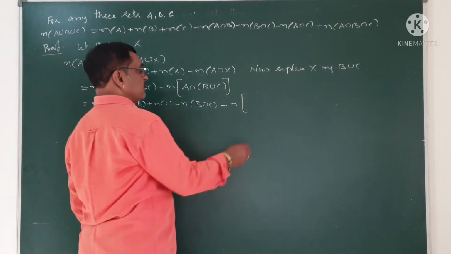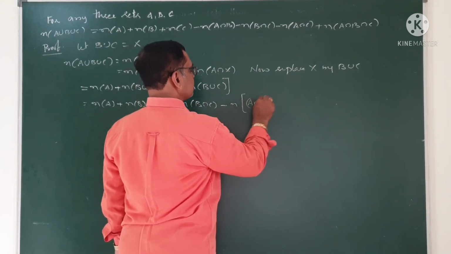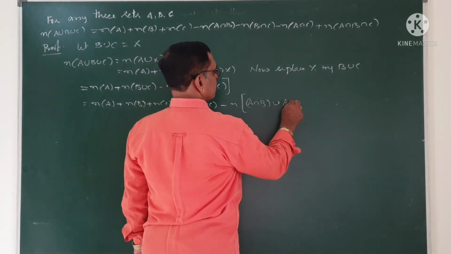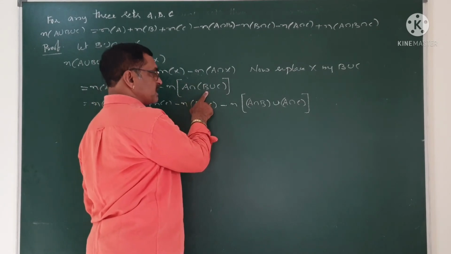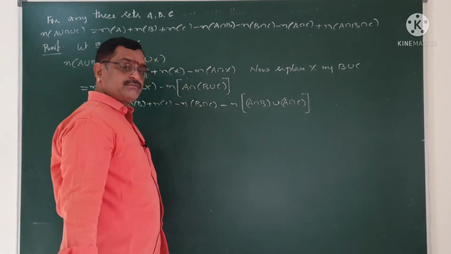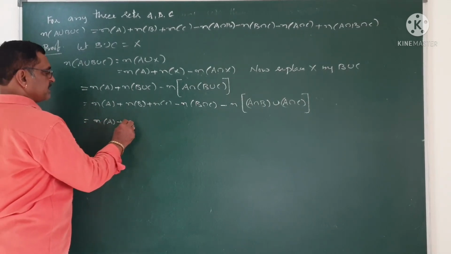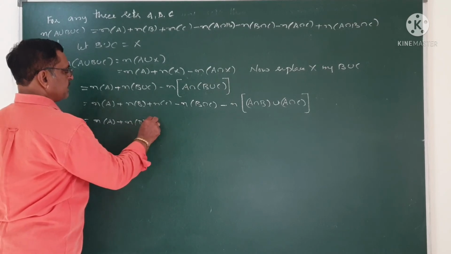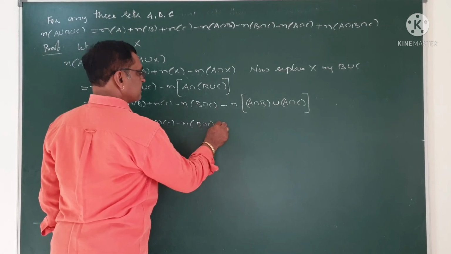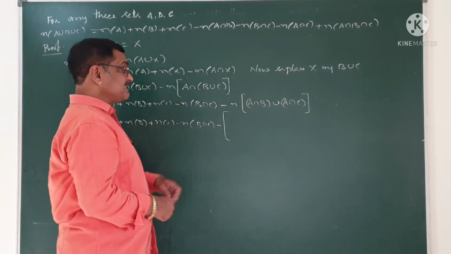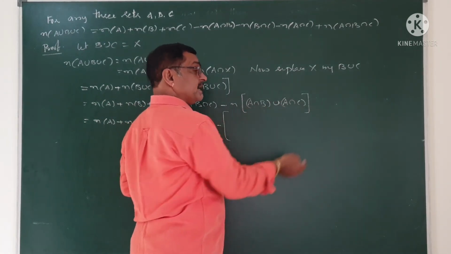The distributive property, as we all know: A intersection B union C is A intersection B union A intersection C. Now I don't touch the first three terms, n of B, n of C minus n of B intersection C, minus this, which is again n of A intersection B union A intersection C.